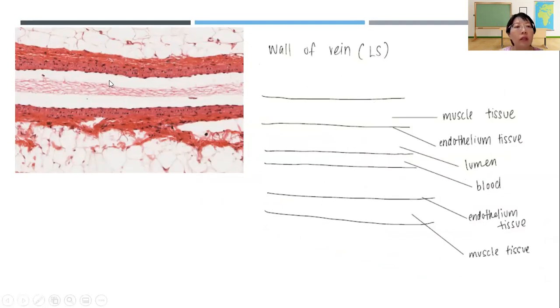The outermost layer is the endothelium, and then this layer is the smooth muscle, and then this layer is the connective tissue. And then here is the blood. So you need to draw the blood in the lumen. This student drew the blood, the lumen, up to the muscle tissue.